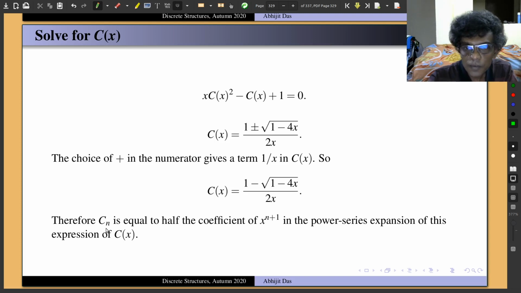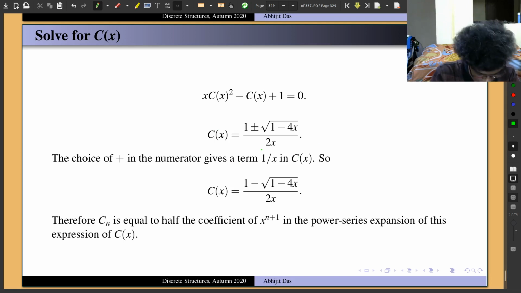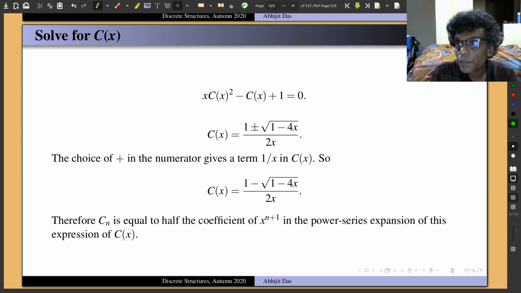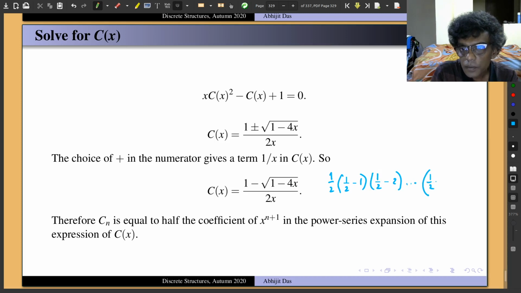So, if you just look at this, before going to the next slide, what will be my n plus 1th term? This is half, so half minus 1, half minus 2, up to half minus n minus 1 plus 1, so minus n will be there.